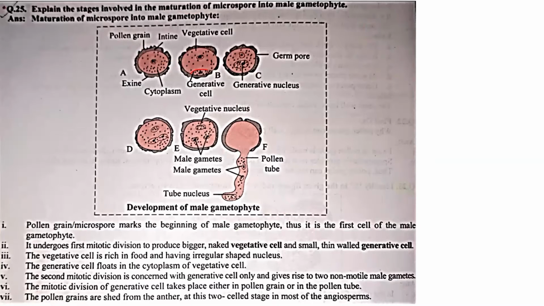The vegetative cell, which is the larger one, is rich in food, so it has nutritive property. And it also consists of an irregularly shaped nucleus.